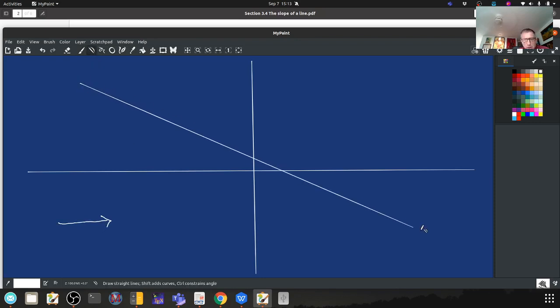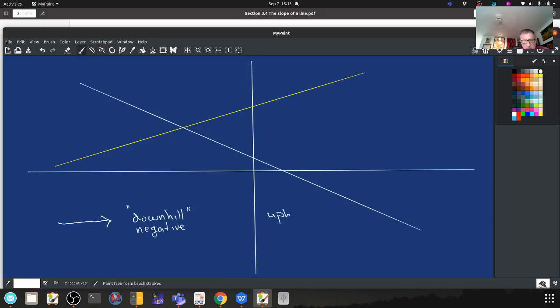If you're walking and you're going downhill, then that's negative slope. Even just slightly downhill. If, on the other hand, you're walking from, again, left to right, and you're going uphill, that's positive slope.